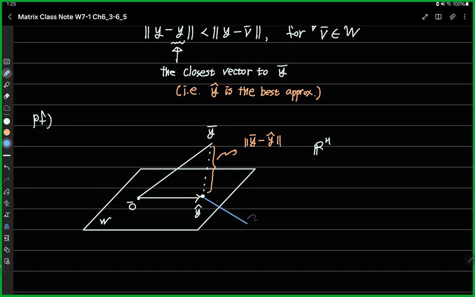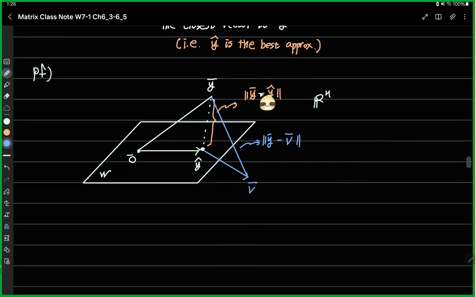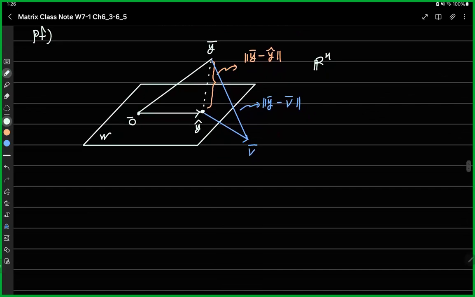This is a vector V. Then Y minus V is going to be this, Y minus V. As you can see, definitely Y minus Y hat is shorter than the distance Y minus V. We can see that, but I want to prove this mathematically.